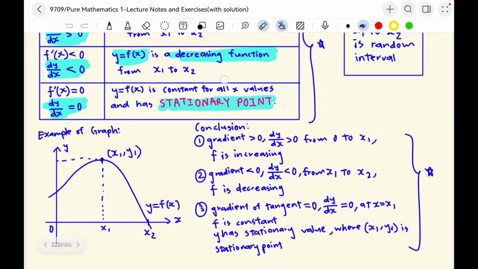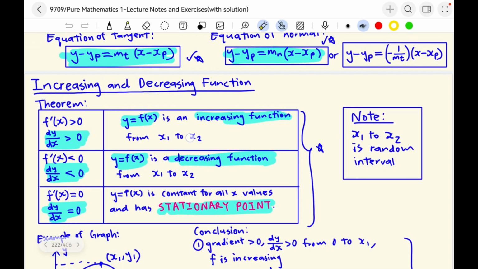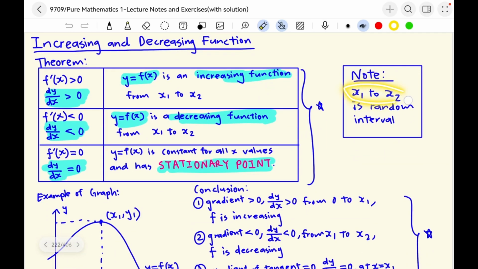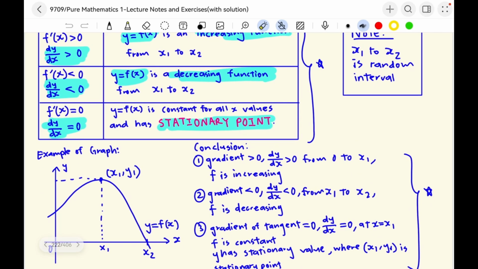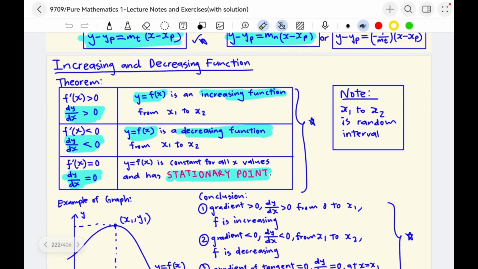Before we explain the theorem by using the graph, I want to clarify that x1 to x2 is any random interval as long as f(x) is a continuous function. So for f(x), f'(x) greater than 0 from x1 to x2 means that y equals f(x) is an increasing function for this certain interval.